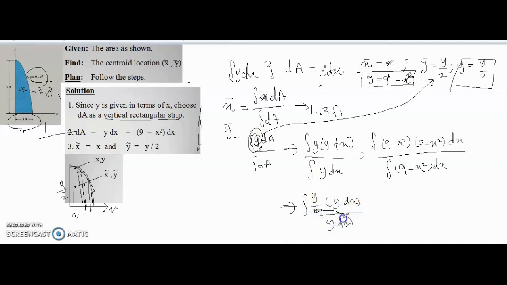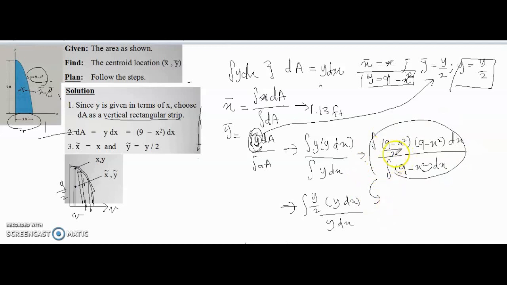So please don't confuse with the y over here. Okay, this is only for this one. Okay, so this one has y over 2 over here. Okay, so this equation becomes like this.